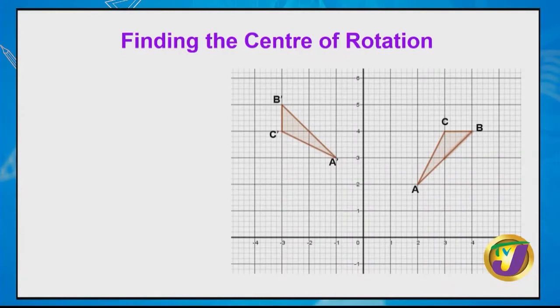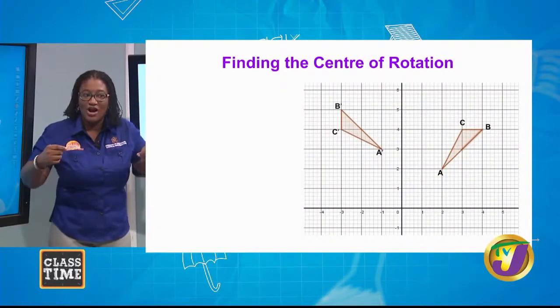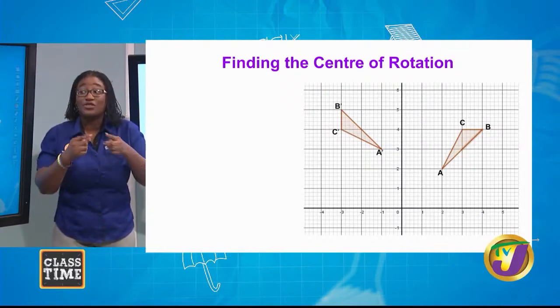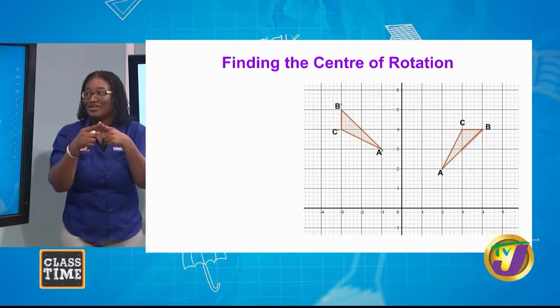Now, remember, Latoya, there's this property about circles, right? That the perpendicular bisectors of chords in a circle pass through the center of the circle. It's true.